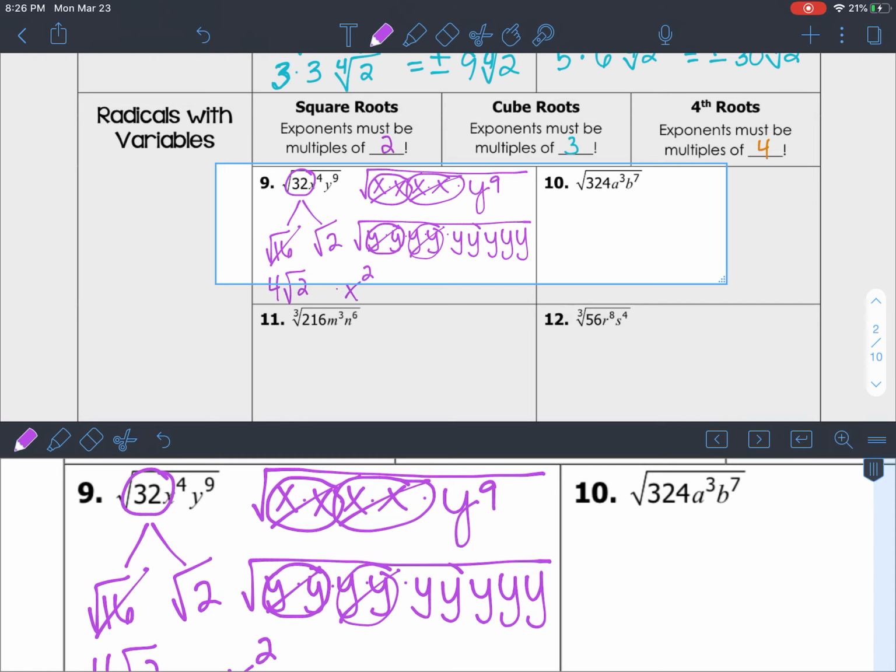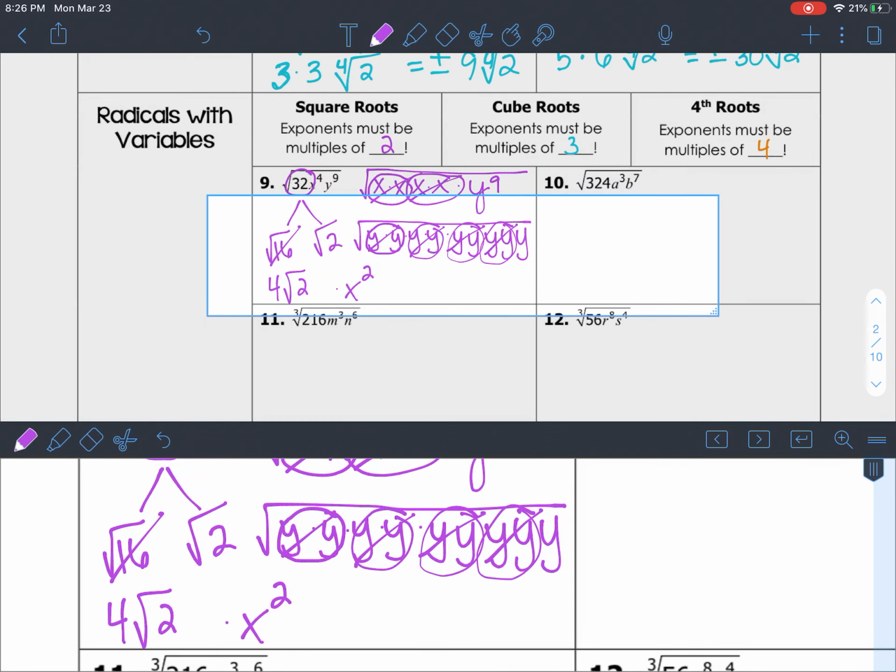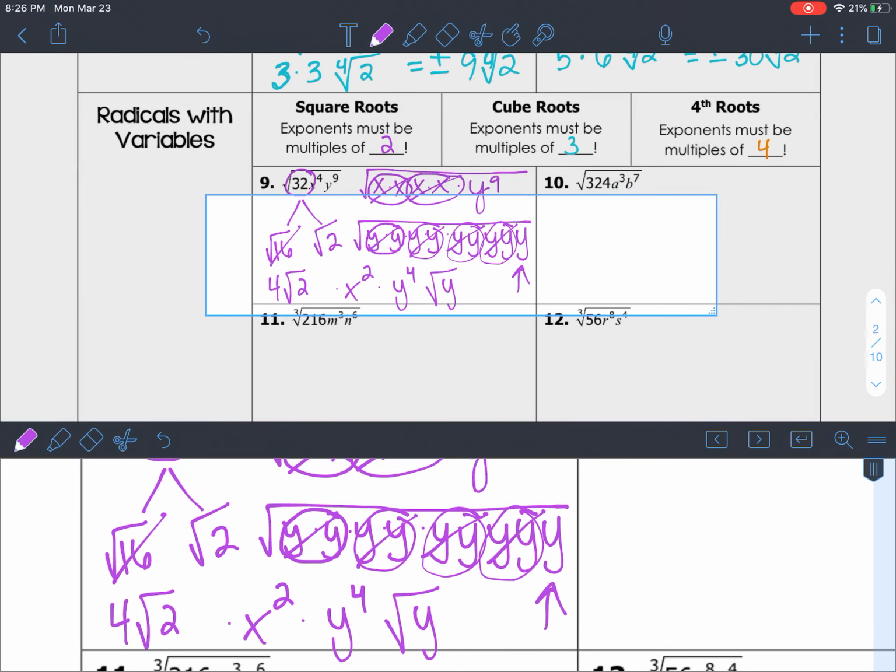They need to come out in pairs. So 1 pair, 2 pairs, 3 pairs, 4 pairs. I have 4 pairs, which is y to the 4th. And I still have 1 y left over because it doesn't have a pair, so we can't take it out from underneath of that radical. We still have that y in there.